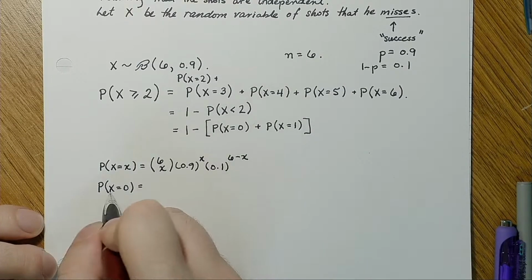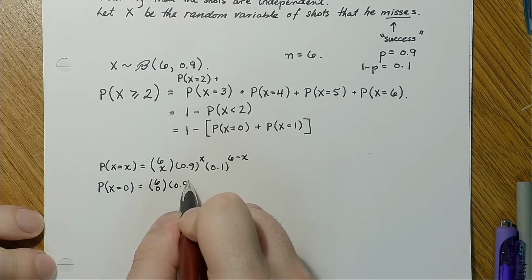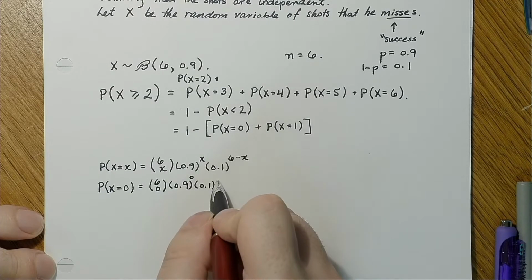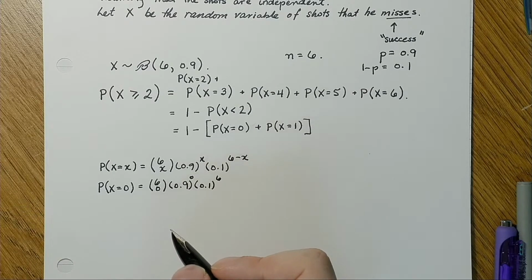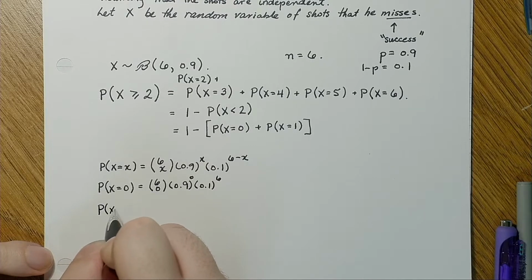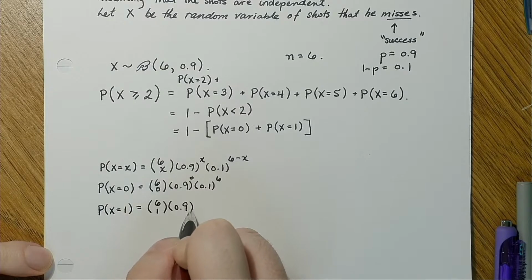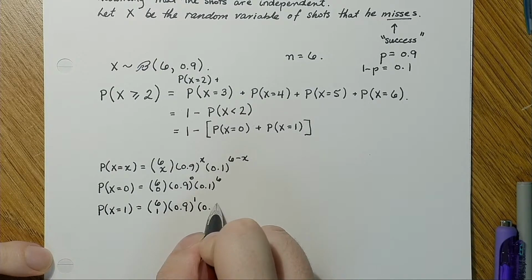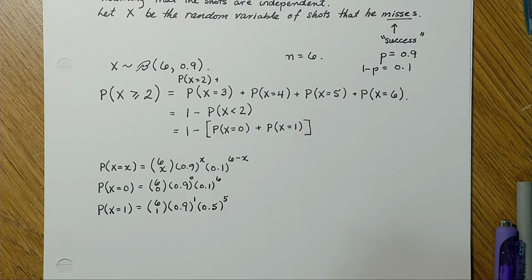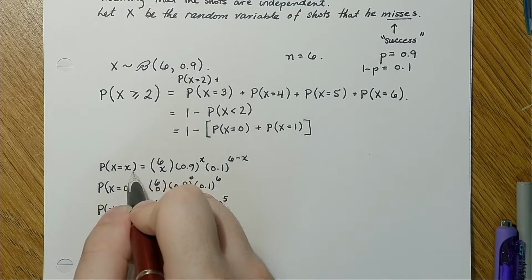So for x equals 0, that's 6 choose 0 times 0.9 to the 0 times 0.1 to the 6 minus 0, which is 6. This is a capital X, so that's like big X equals a little version of x.